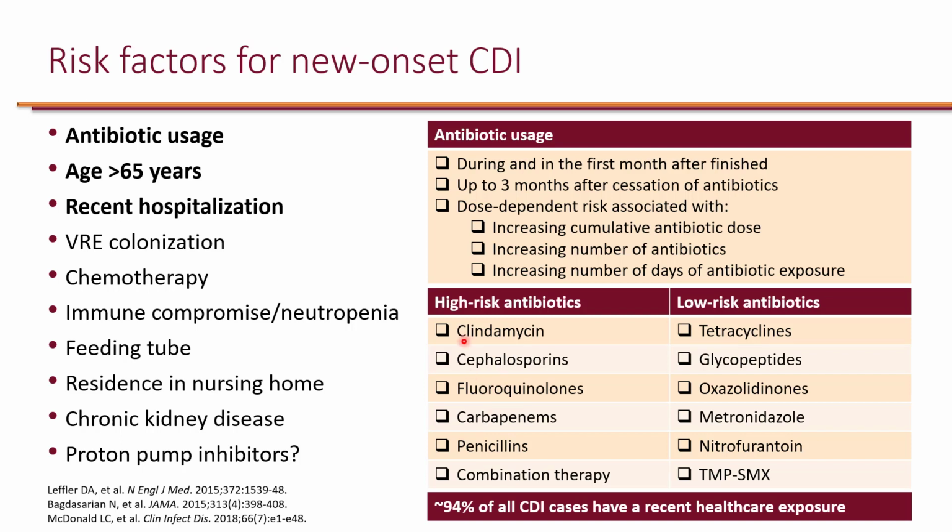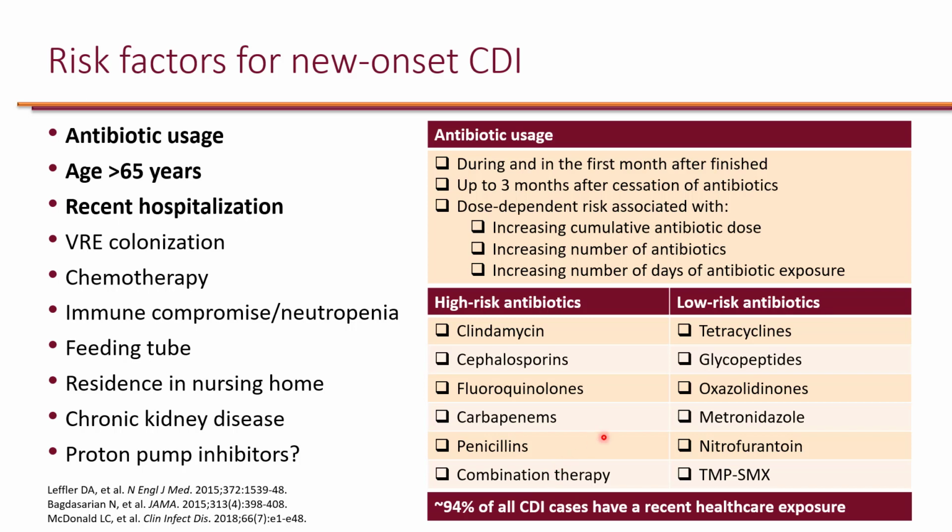So you can see that on the top of the list, we have clindamycin, which has been historically associated with one of the highest rates of C. diff infection, along with cephalosporins, fluoroquinolones, carbapenems, penicillins, and this includes penicillins combined with beta-lactamase inhibitors such as piperacillin tazobactam, as well as combination therapy. So if you combine multiple antibiotics, for example, when you do empiric treatment.